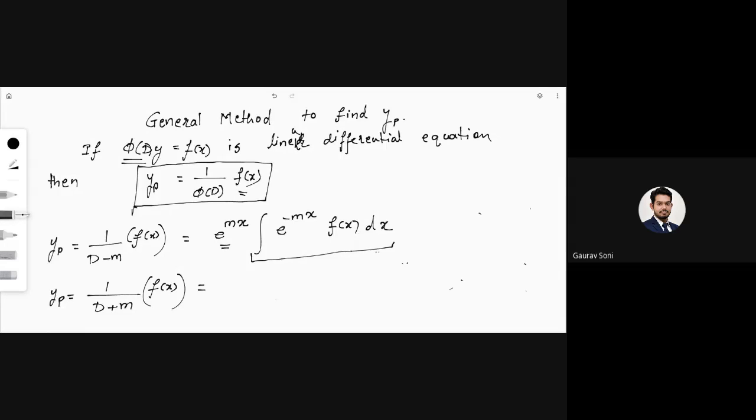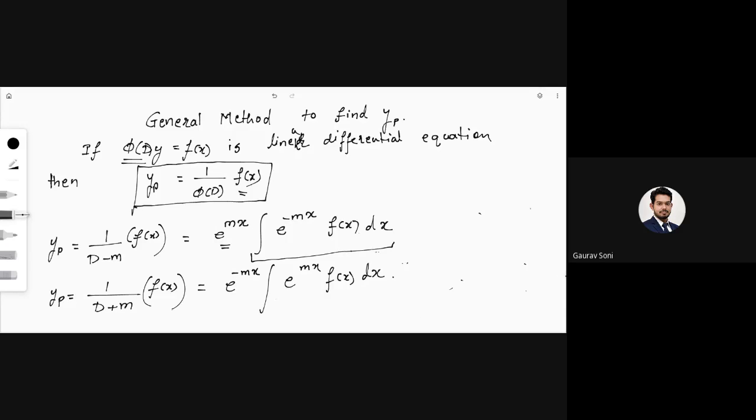Anyone else? e raised to minus mx integral e mx f x dx. Yes. So e to the power minus mx integration e to the power mx f of x dx. Okay, so this is how it will be operating.